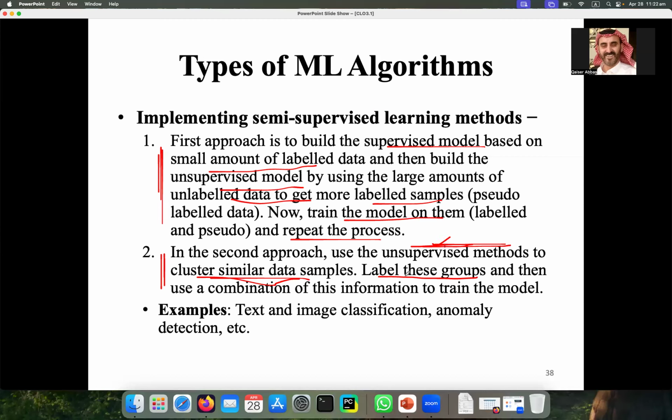Then we use a supervised learning model to train our model. Initially our data is unlabeled, and we use an unsupervised model to get the labels of that data. When your data is labeled, then you use a supervised model. So that is the second method.